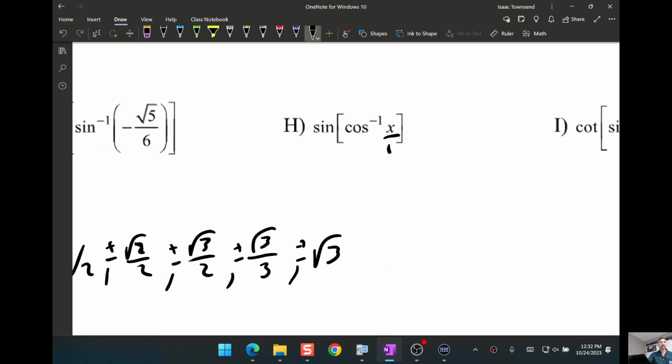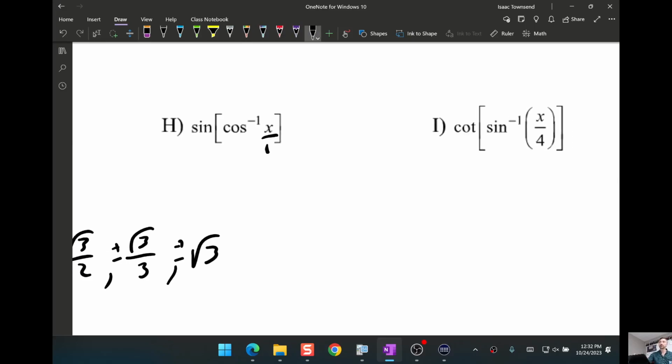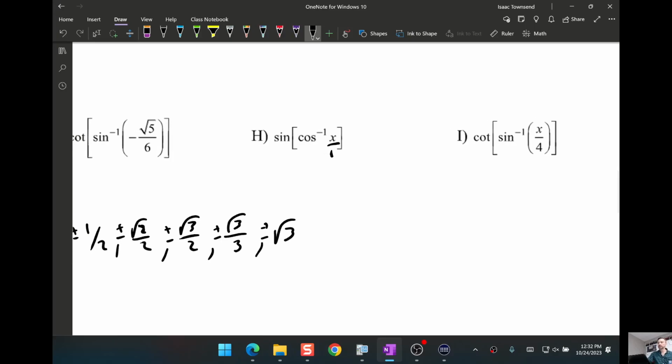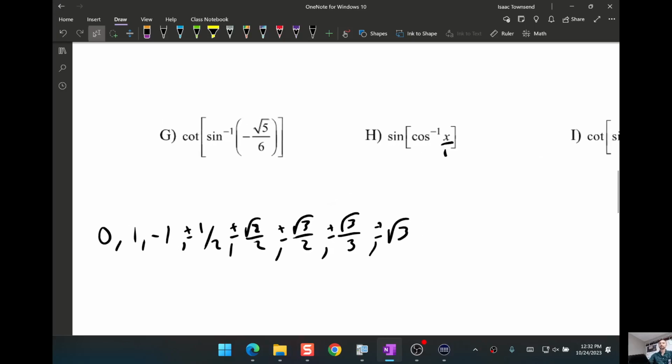X over 1 is not a unit circle ratio, so it's also sketch a triangle. X over 4 is not on the unit circle, so sketch a triangle. To me, knowing to sketch a triangle for H and I is exactly the same reason you're doing it for G. But for some reason, when there's X's, sometimes students don't think to sketch a triangle. Okay, what else you got from worksheet 2?